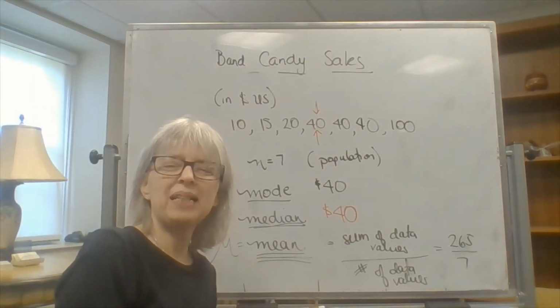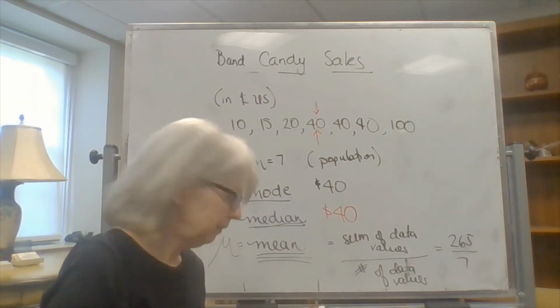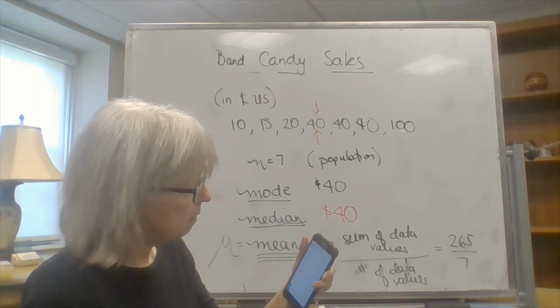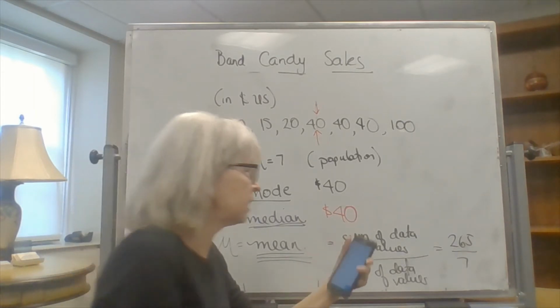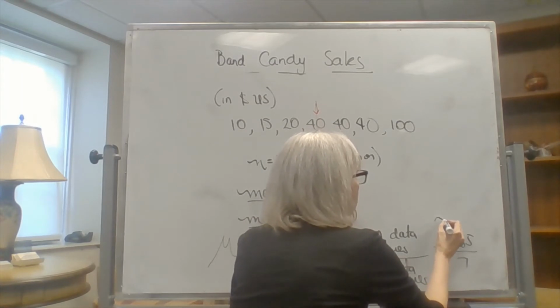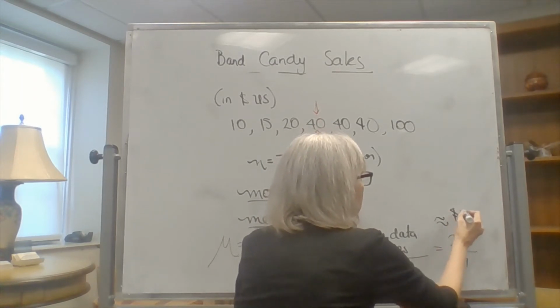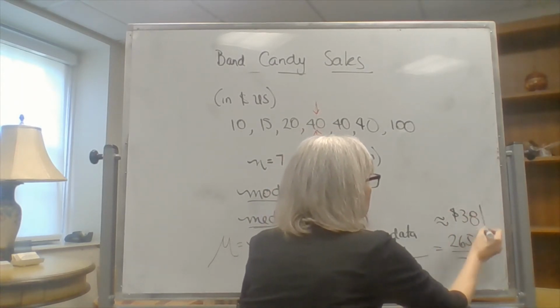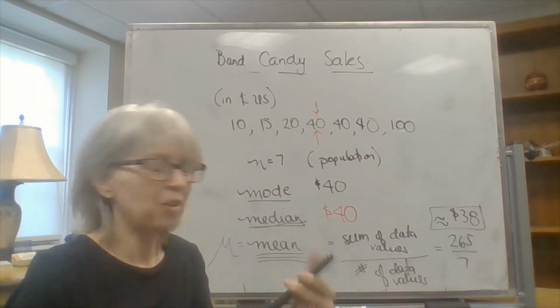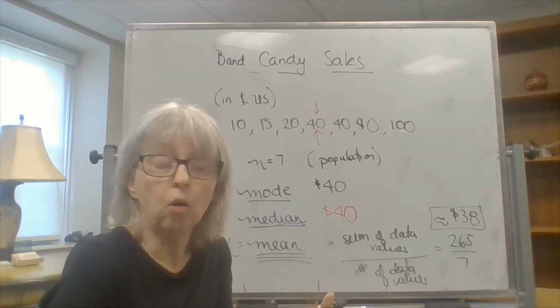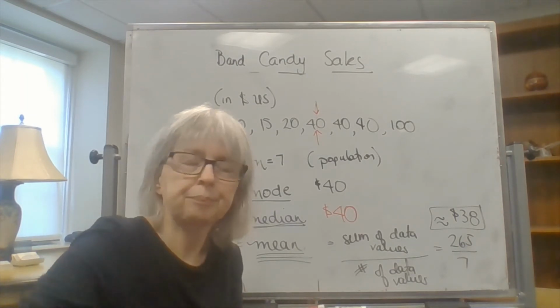Well, since I'm talking about dollars, maybe I should round off to cents or round off to dollars. Yeah, let's do that. It's about $38. It's $37 and about 86 cents.